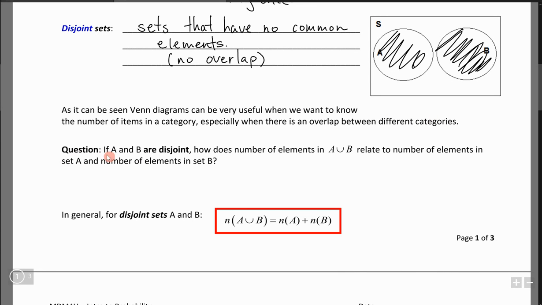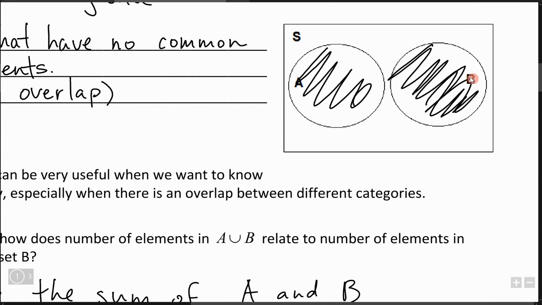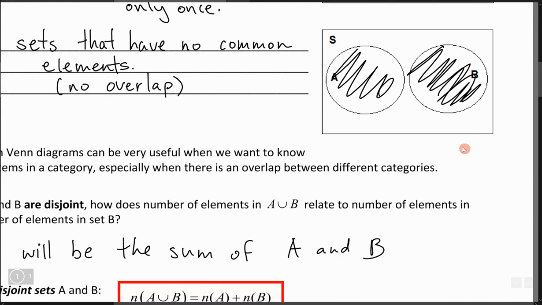So here's a question. If A and B are disjoint, just like you see up here, how does the number of elements in A union B relate to the number of elements in set A and the number of elements in set B? Okay, so A union B will be the sum of A and B, meaning all the elements in A and all the elements in B. I'll add them together to make this union of A and B. Okay.